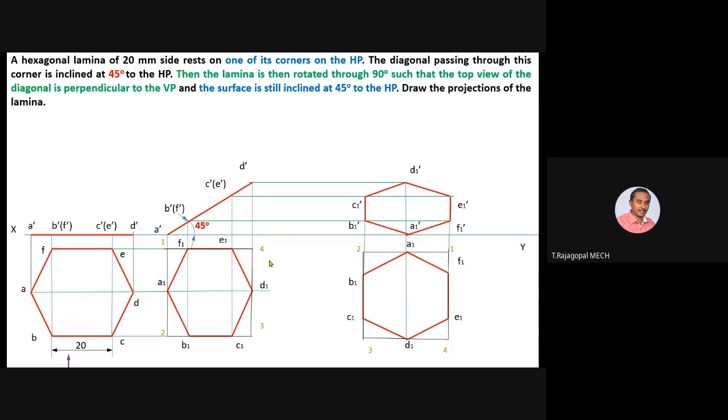We will see one more problem of the same kind, but in that question they may have given both corners touching HP and VP. Check it. So these are the six steps of this particular problem, from the simple position to the required position in 3 stages.